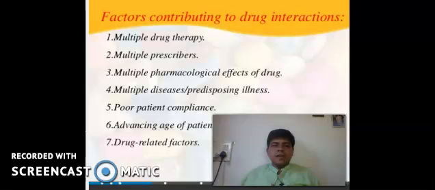Then multiple diseases or predisposing illness. This is also one of the major parts in drug interaction.